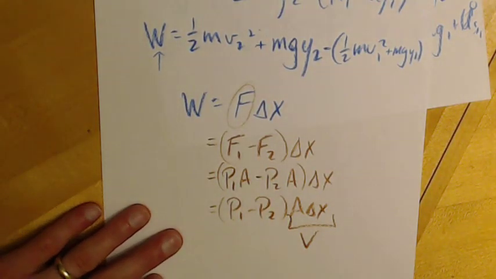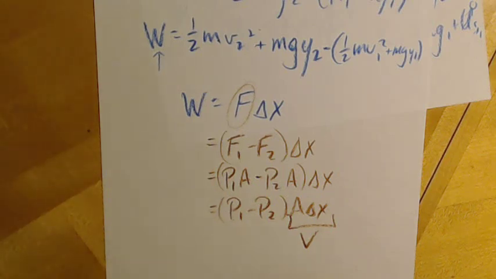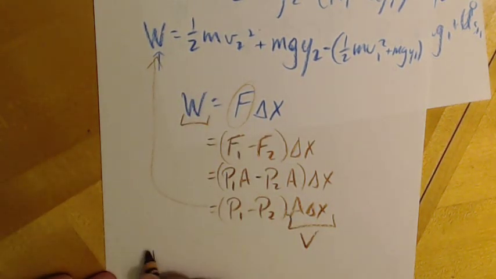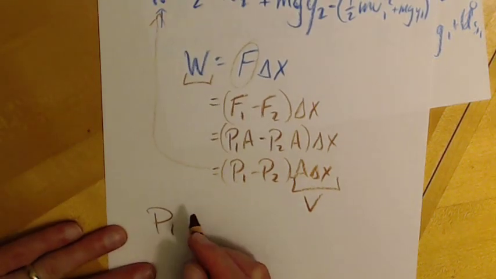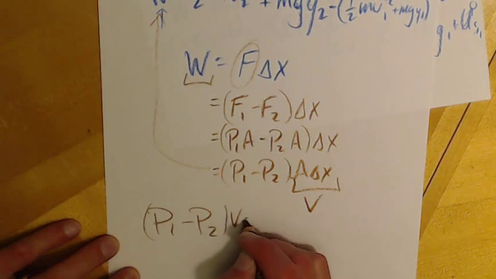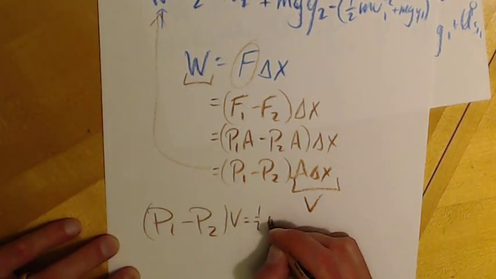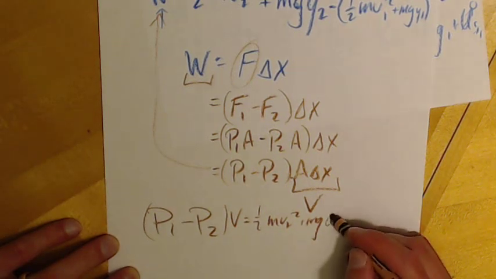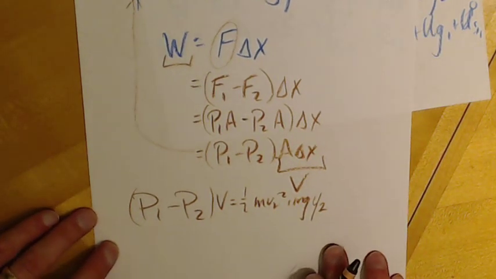That's how much work is being done. Let's plug this into there. So now I end up with P1 minus P2 times volume equals 1/2 m v2 squared plus m g y2, minus 1/2 m v1 squared plus m g y1. Oh, we can almost read it.